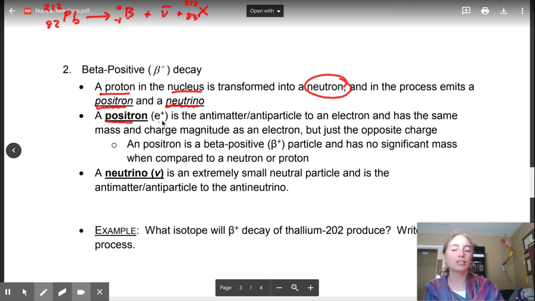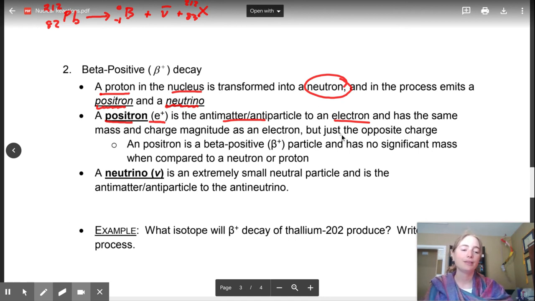A positron, its symbol is e positive. This is the antiparticle to an electron. Remember, they have the same size and mass, but opposite charge. When they collide, they disappear in a flash of gamma radiation, light, energy.